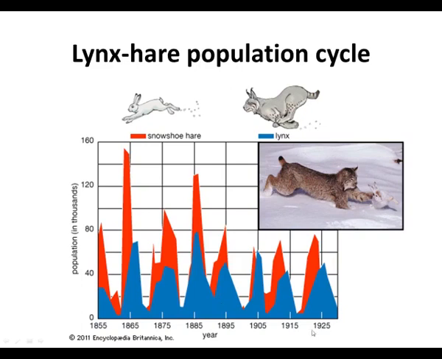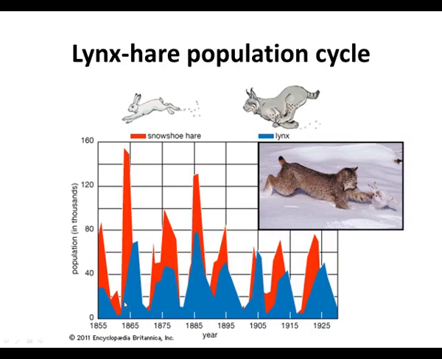Also, you'll see that there are boom-bust cycles: a rapid increase of the population and immediately a rapid decline. These boom and bust cycles are happening for both prey and the predator.